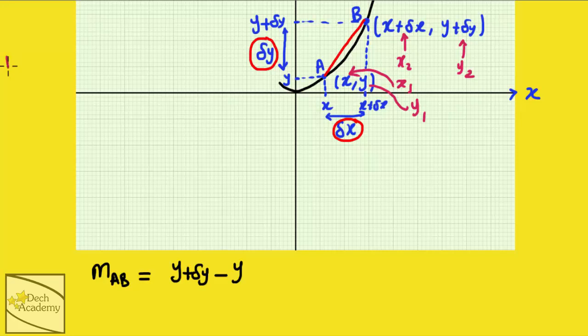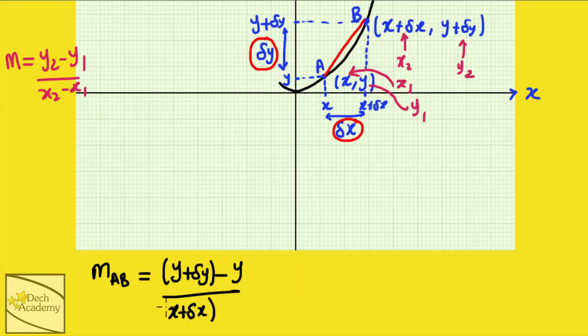As used in the formula, m is equal to y2 minus y1 divided by x2 minus x1 for a gradient. So y2 is y plus delta y, y1 is y, and x2 in this case is x plus delta x, and x1 is x.